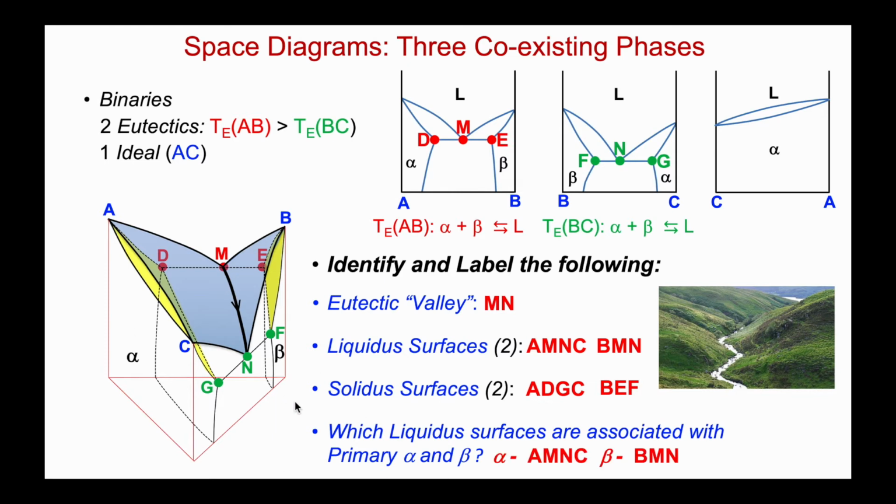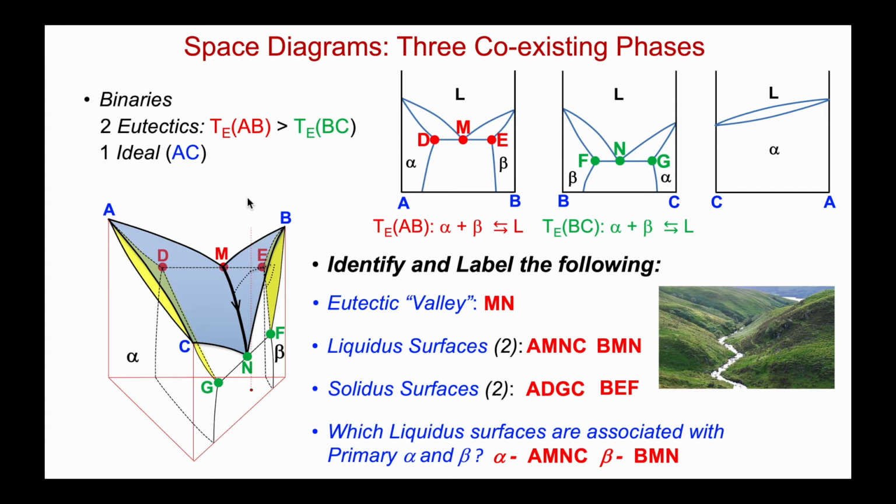So let's just fill those in. What's new here? Two liquidus surfaces, each identified with a primary solid phase, alpha for AMNC, beta for BMN, and then a eutectic valley along which the composition of the liquid must lie.